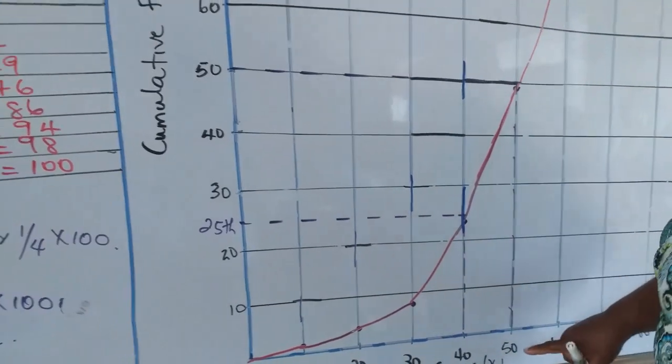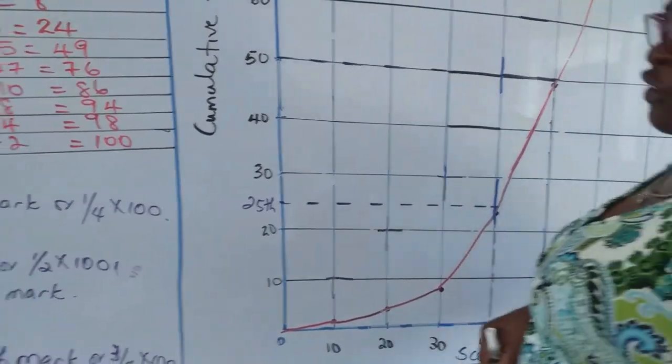So we have your broken lines, and your median is 50.